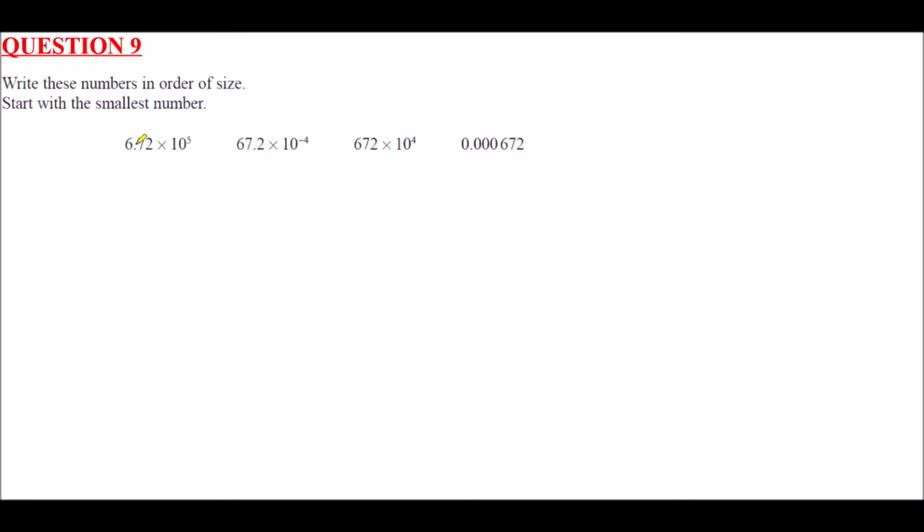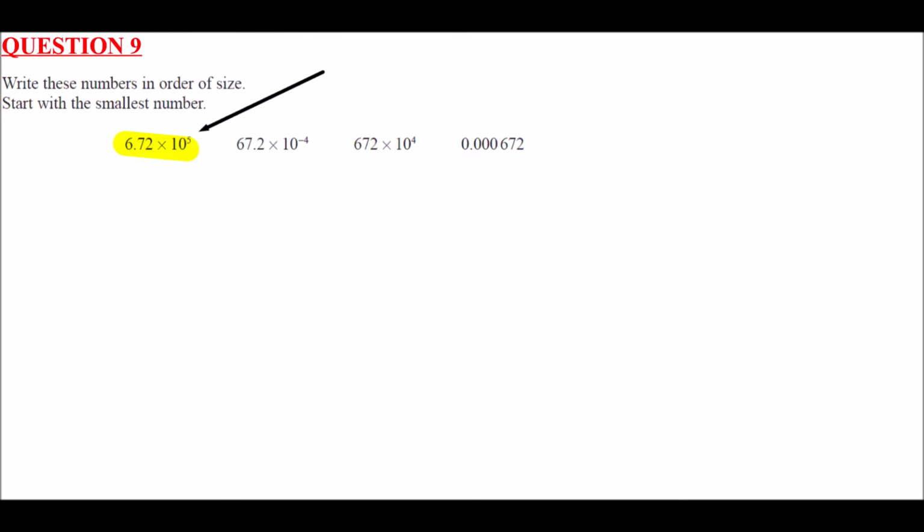So first of all, let's change this first one into a normal number. We're timesing this number by 10 to a positive power. So the positive power of 10 we're multiplying it by tells us how many digits the decimal is going to jump across to the right. Because this is 10 to the 5, that decimal is going to jump 5 digits to the right.